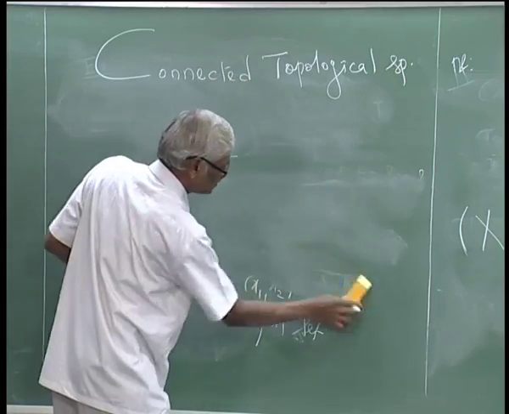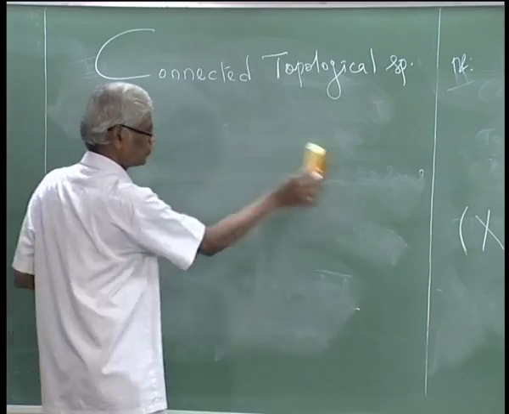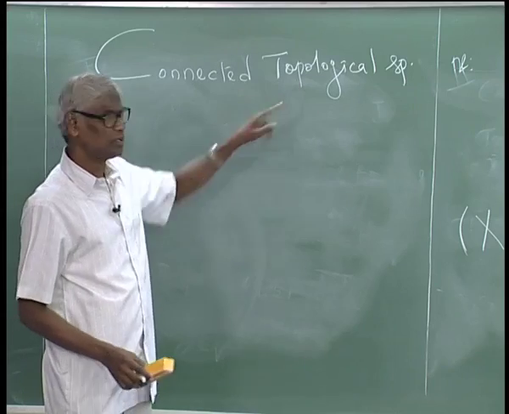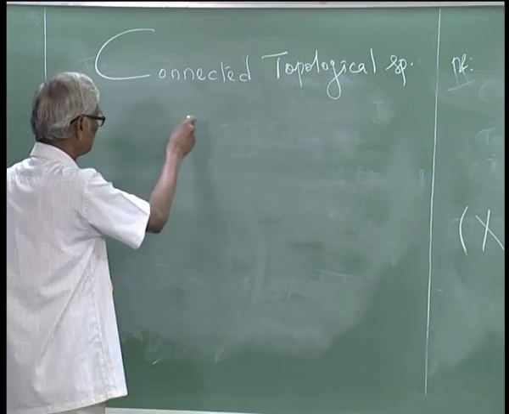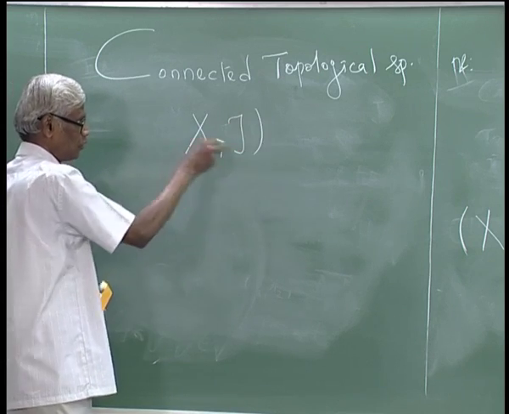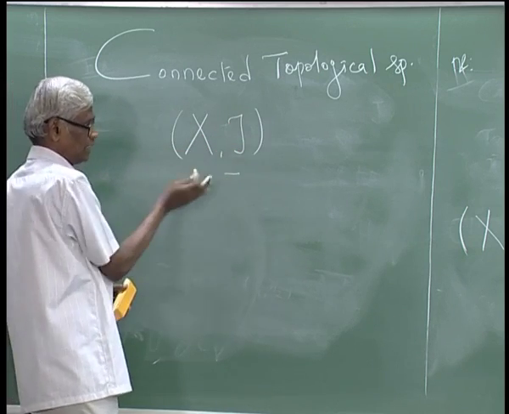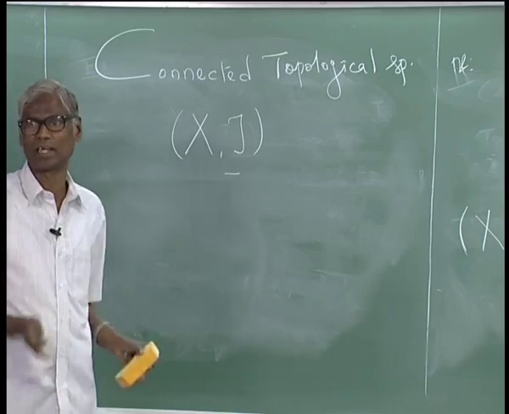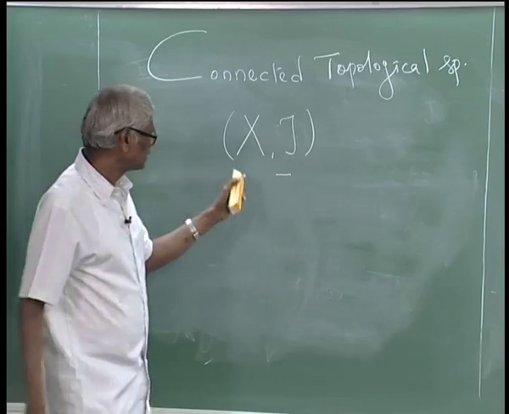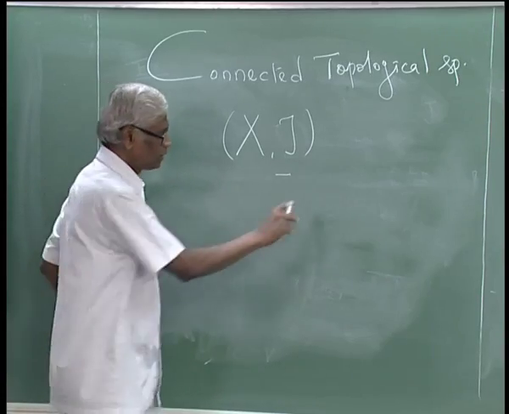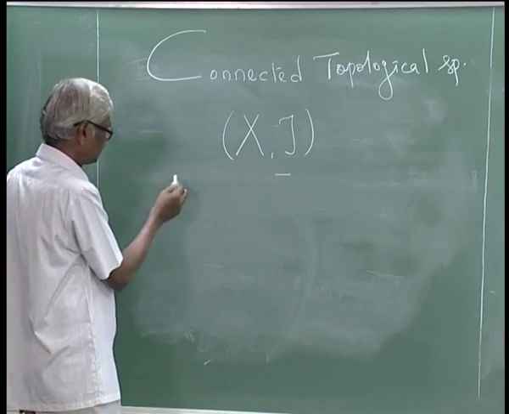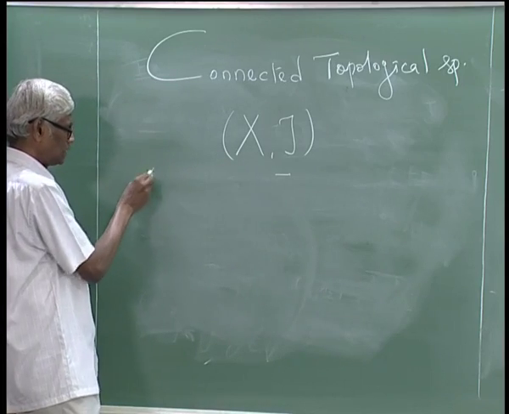Given a topological space (X, tau), what do you mean by saying it is not connected? X can be separated by means of open sets.